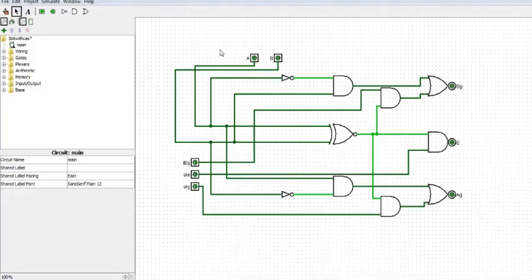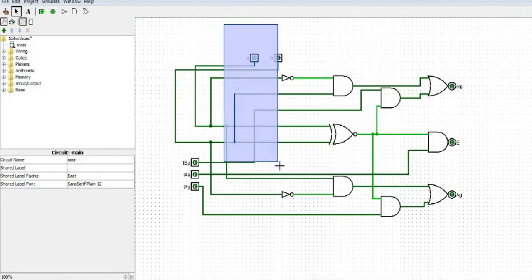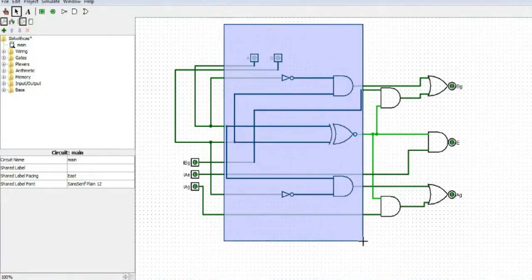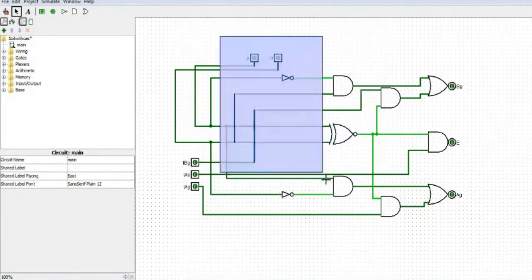So this is the 1-bit magnitude comparator added with the cascaded input, right? The center part of the box that is highlighted is the 1-bit magnitude comparator.